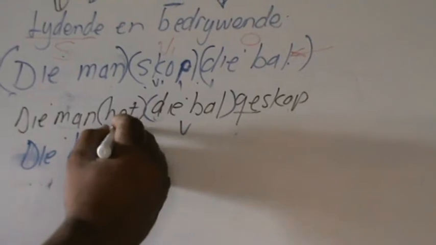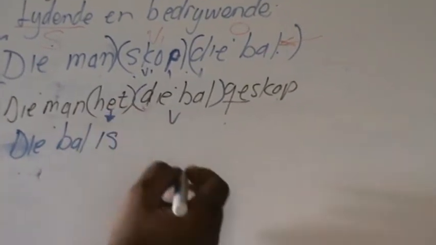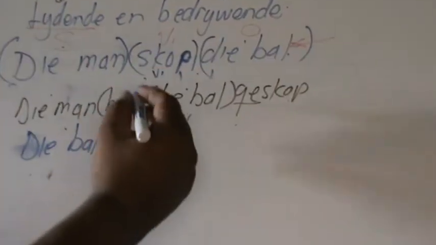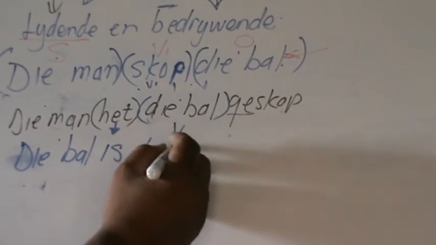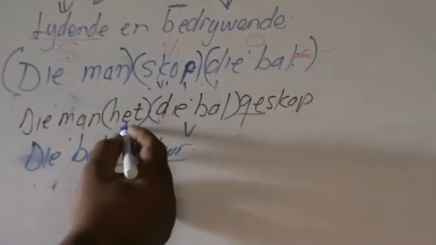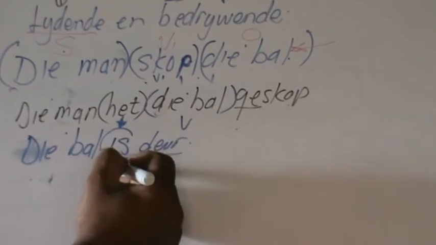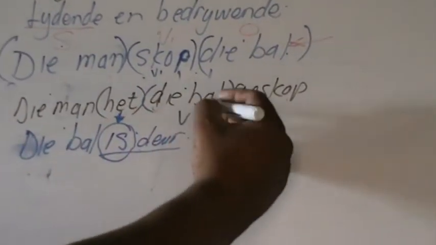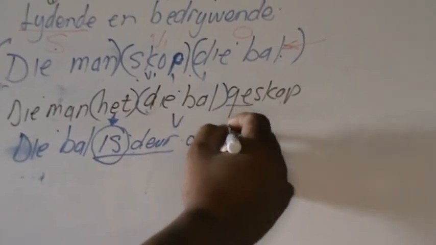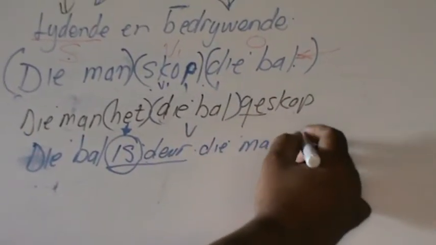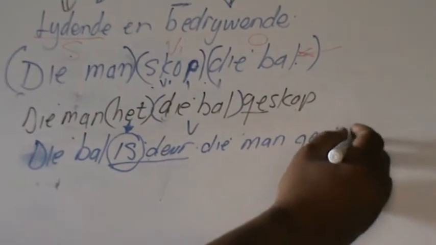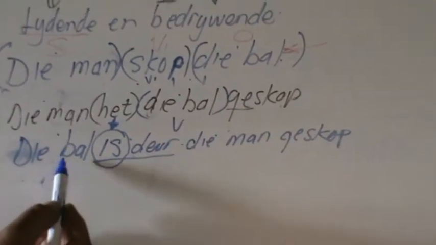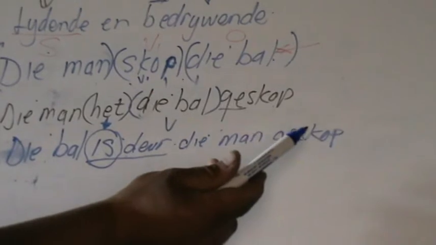Then het here changes to is. And remember in lydende form, we have to use deur, right? So het changes into is and then followed by deur. Die bal is deur die man geskop. Alright? Die bal is deur die man geskop.